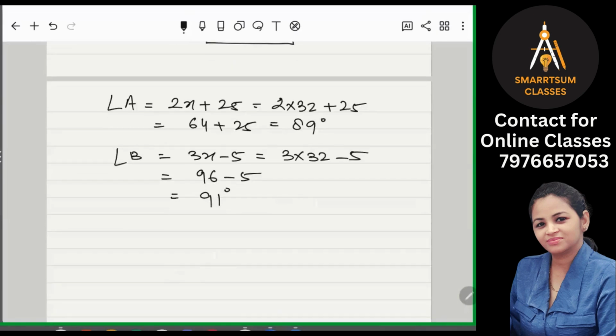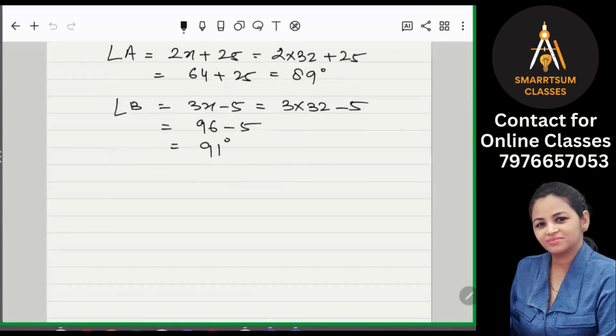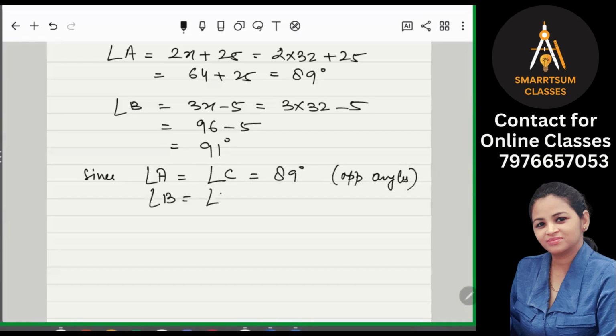So now since this is a parallelogram, angle A and angle C will be equal. Angle B and angle D will be equal because opposite angles of a parallelogram are equal, right? Now since angle A is equal to angle C, will be equal to 89 degrees, opposite angles of a parallelogram, and similarly angle B is equal to angle D is equal to 91 degrees.